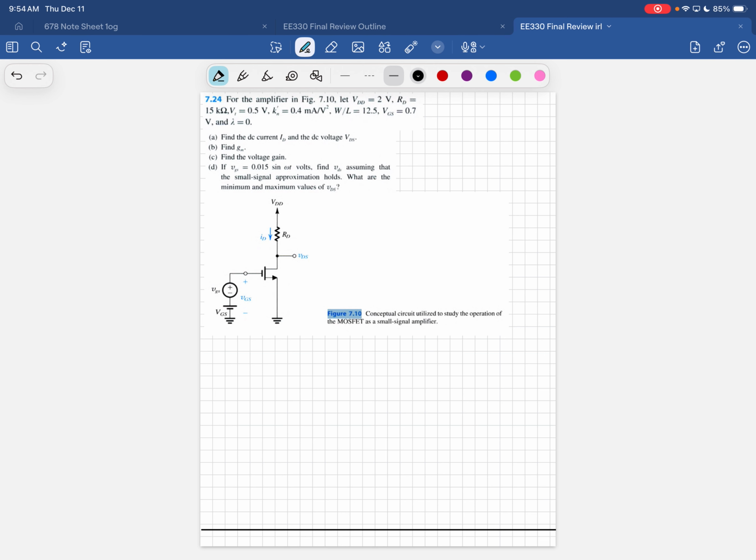So looking at this, I can see that we're going to have VGS of 0.7. That's pretty useful, especially if they give us VT, which they do over here, of 0.5. So based off of just those two numbers, I'm going to come over to my equation sheet, and I'm going to be like, okay, well, we don't have full Kn.